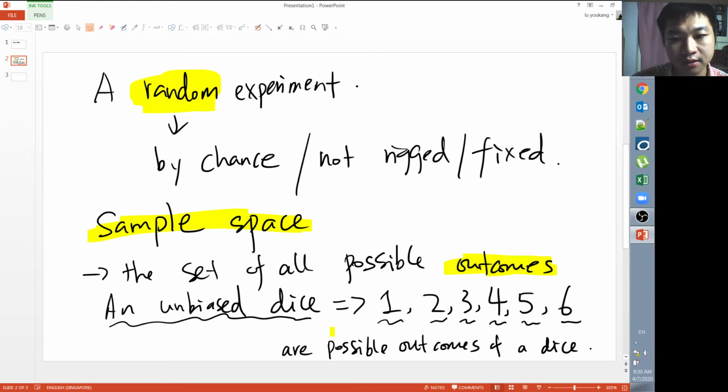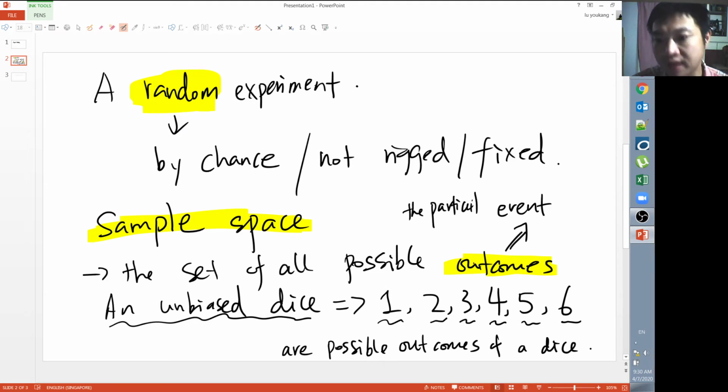So over here, outcome seems to be just the event, that particular event.